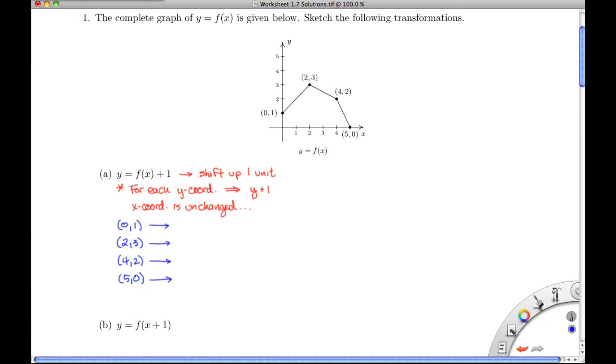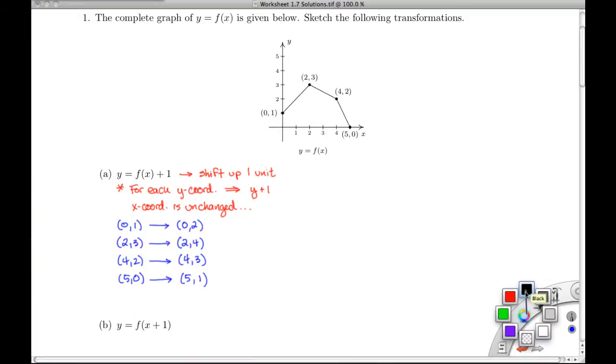So the point 0, 1 will be transformed to 0, x is unchanged, and the y we add 1 to, so that'll give us 0, 2. For the next point, the x is unchanged, we add 1 to the y coordinate. X is unchanged, we add 1 to the y coordinate. X is unchanged, we add 1 to the y coordinate. So we've transformed these points, and now we should be able to get a fairly decent sketch going on here.